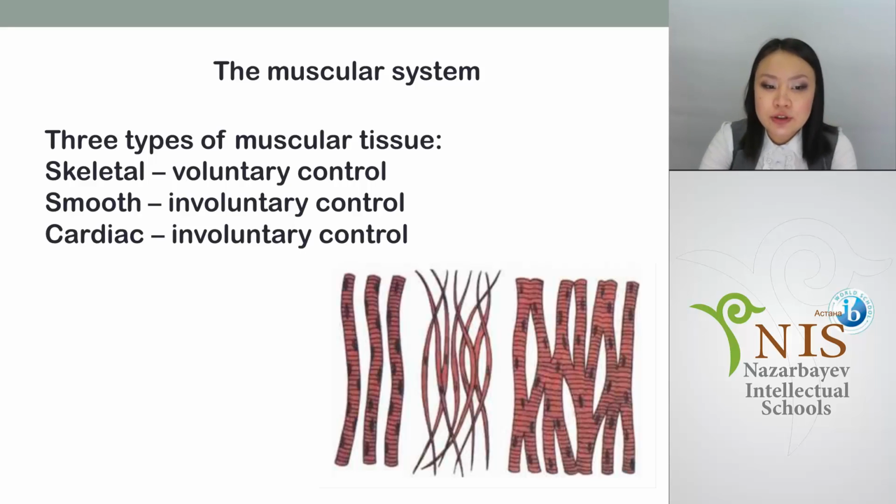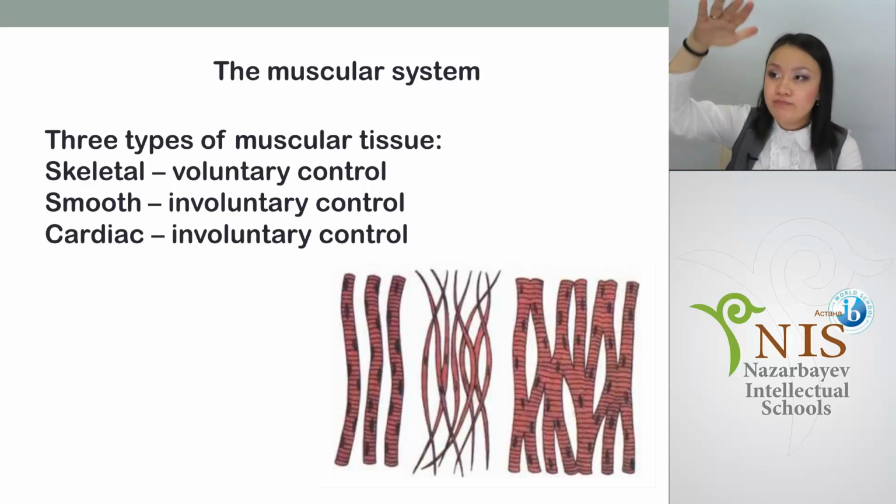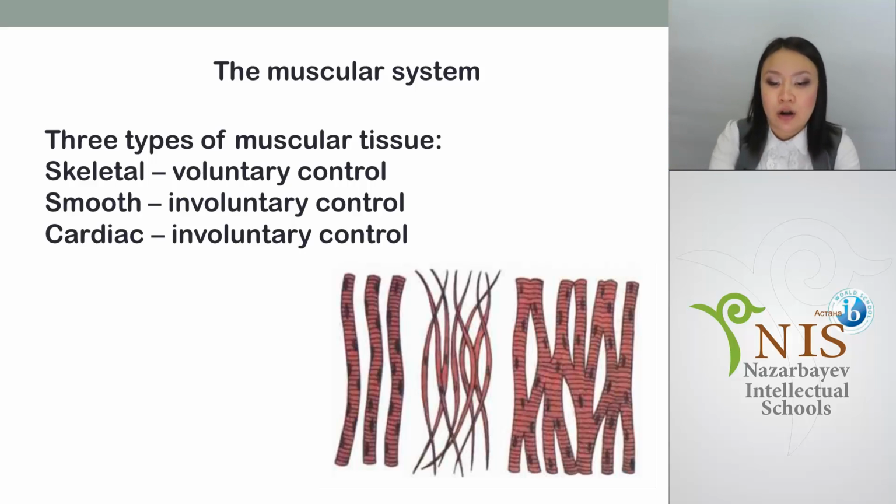What does voluntary controlled and involuntary controlled mean? For example, think about skeletal muscle. You have skeletal muscle in your arms, hands, legs, feet, and it means that if you want, you can control it. If you want, you can raise your hand, or move your leg.